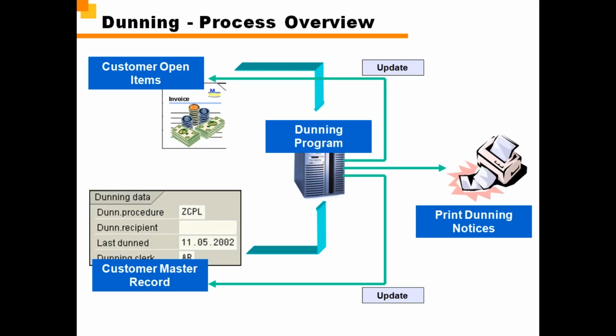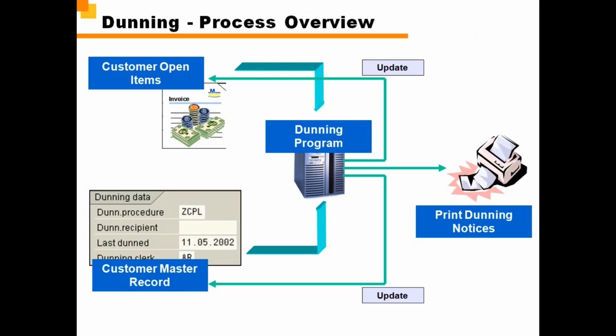Now here it is saying that like you run your payment program, you need to execute your dunning program. If we execute a dunning program, what will the system do? The system will search for our customer open items, specifically those open items which are overdue.